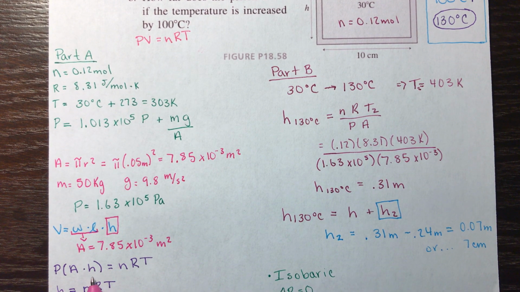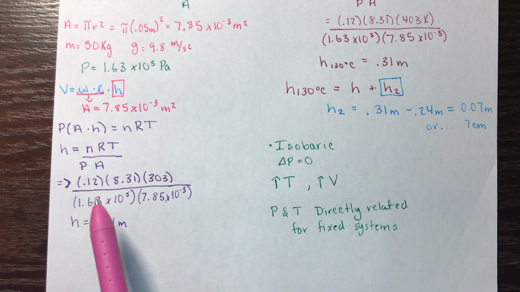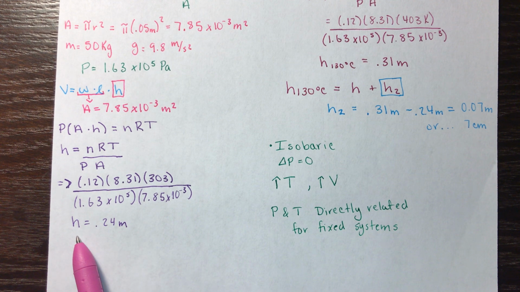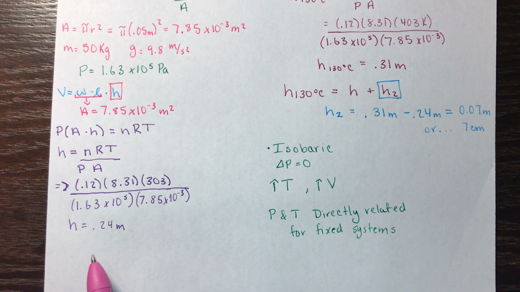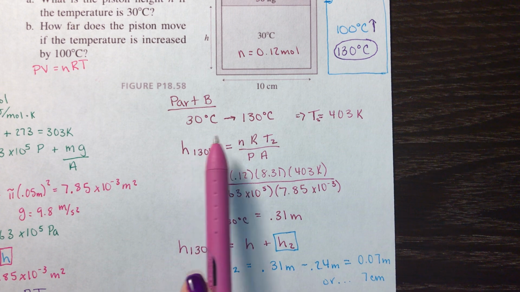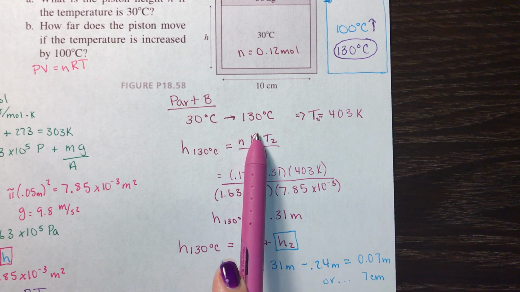And if we rearrange this so that we have the height solved for, and then simply plug in all the values that we have described, we get that the height when the temperature is 30 degrees Celsius is 0.24 meters.